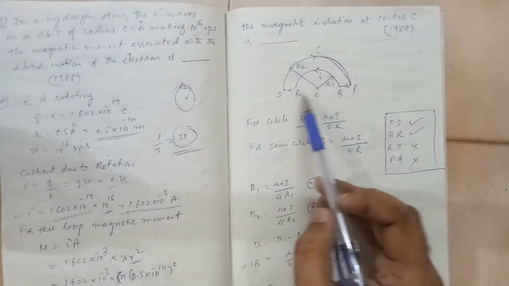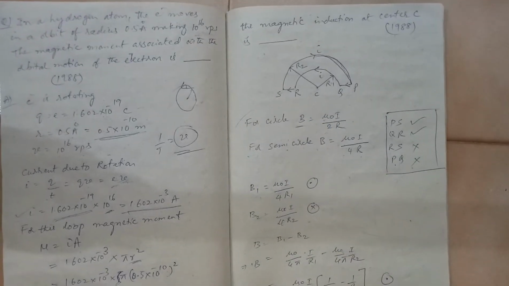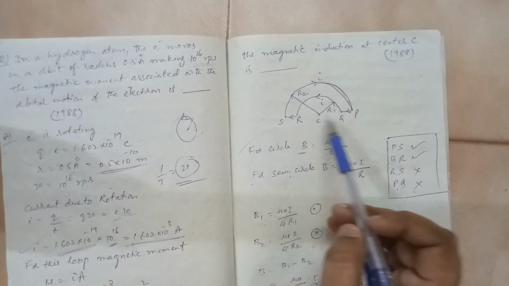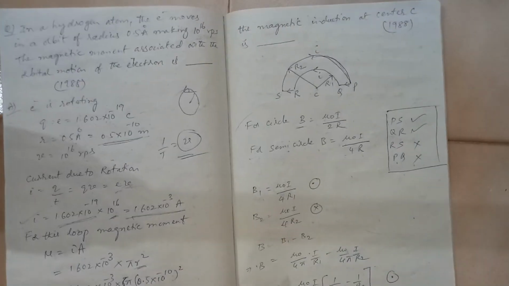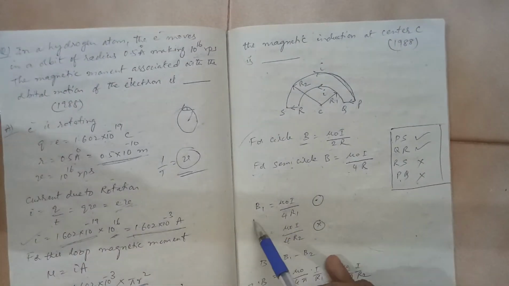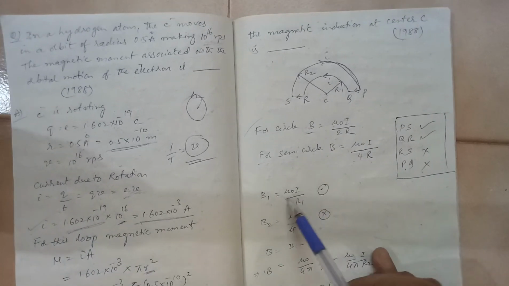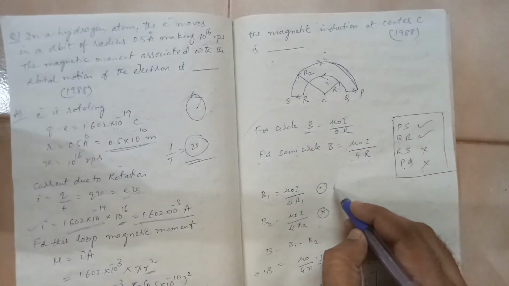See, when you take PQ and SR, they pass through the center, the point where you are trying to find B. They will have no contribution. The contribution will be only because of QR and PS. That's why I put the ticks. So let us find the values. B1 will be mu naught I by 4R1. We have calculated for QR now.